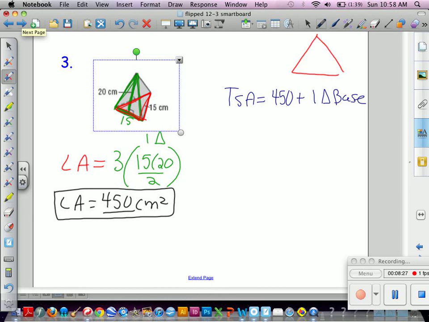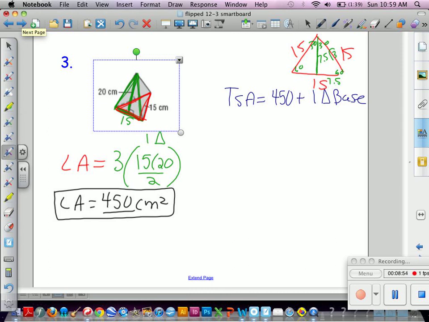It's going to be 15, 15, 15. So when I go to find the area of that base, I am going to need the height of that triangle. This is going to be 7.5. These are all 60, remember? So those are going to be 30. So this is going to be 7.5 root 3. We should be pretty good at those 30, 60, 90s by now.